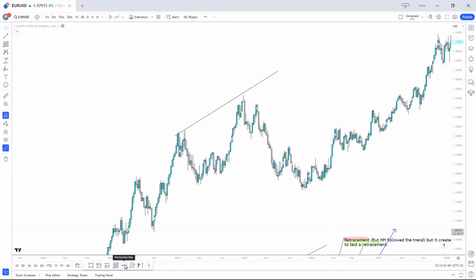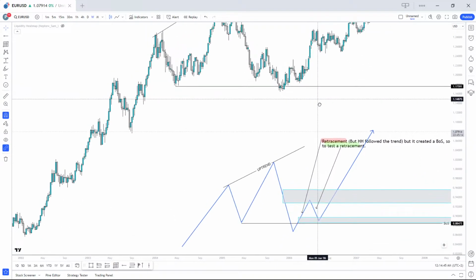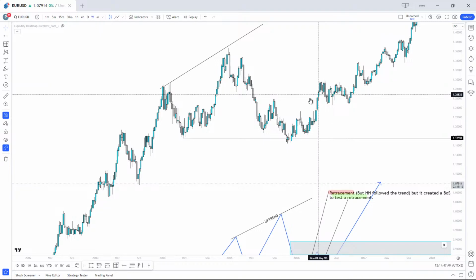And what happens is, this low gets taken out. It actually creates a breakout structure, but this breakout structure is fake. And we're waiting for a retracement right here. Some people will think this is a retracement, but this is actually a rally, a run.